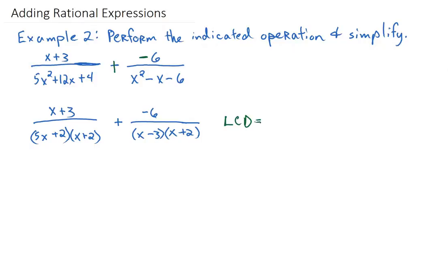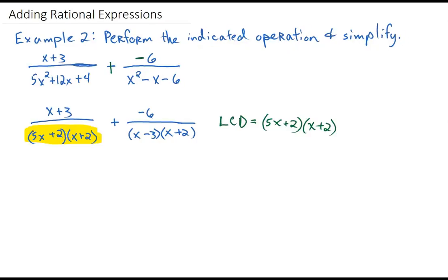The LCD needs to contain all of both denominators, but I always like to start by just saying if it has to contain all of both denominators, I'll just say it's all of the first denominator for starters. So we write out all of the factors of the first denominator as a part of our LCD. Then we also need to include all of the second denominator as a part of our LCD.